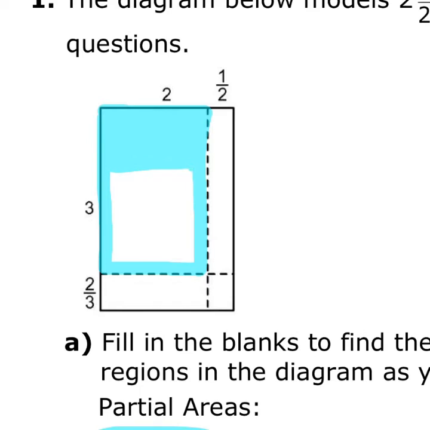So let's just shade this in, and I'm going to label that it has an area of 6. Okay, great. So here the area is equal to 2 times 3, which is equal to 6 square units. That's the first partial area.